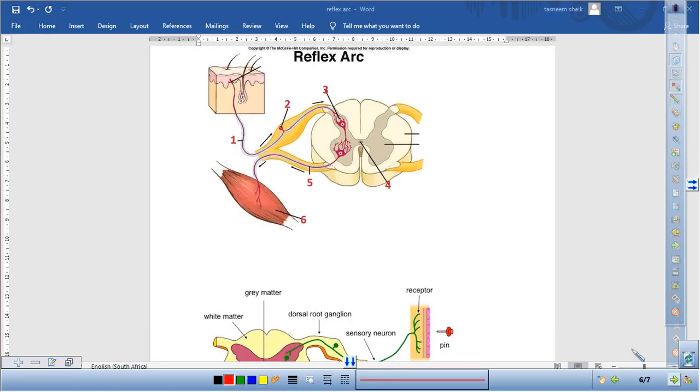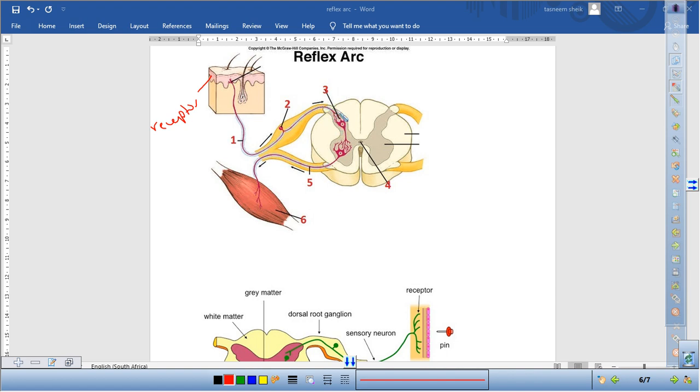Let's look at it. This is your reflex arc. It starts with your sensory neuron, which is found in your receptor. So that's your receptor. We took the skin. Sensory neuron goes through the dorsal root. So number one is your dorsal root. Number two, the cell body of your sensory neuron. It goes, can you see it showing you an arrow? The pathway into the gray matter of the spinal cord.